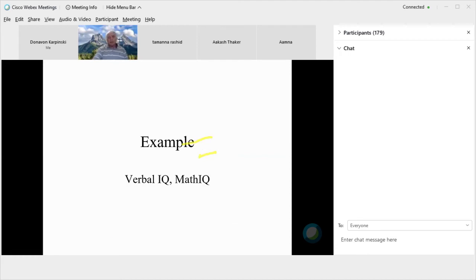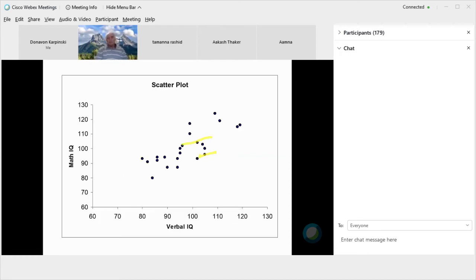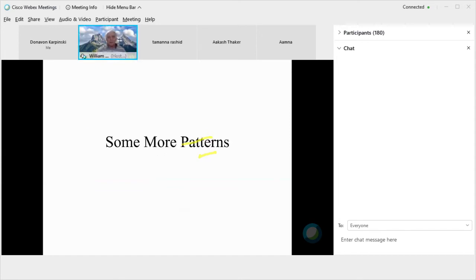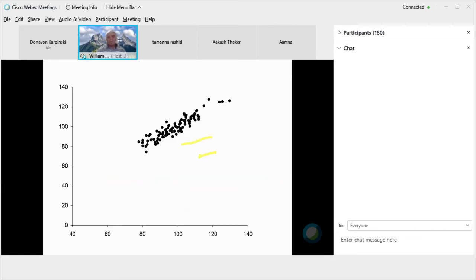Example, verbal IQ and math IQ. That looks like it's contained within an ellipse that has a positive slope. So if somebody has a high verbal IQ, he possibly has a high math IQ at the same time. Some more patterns.